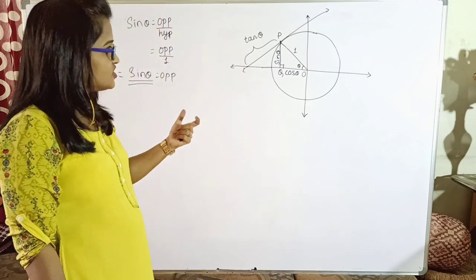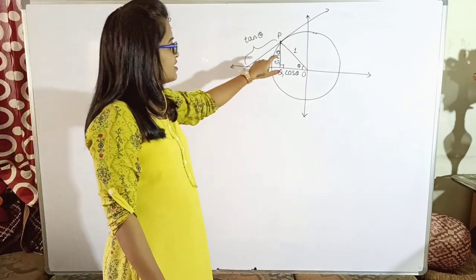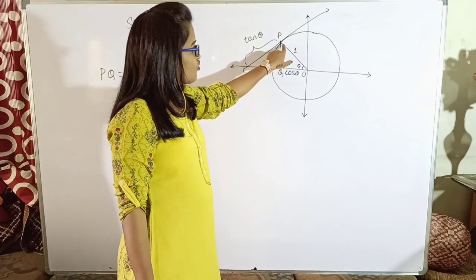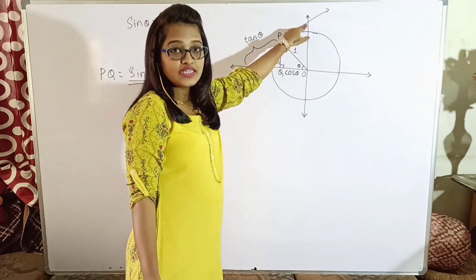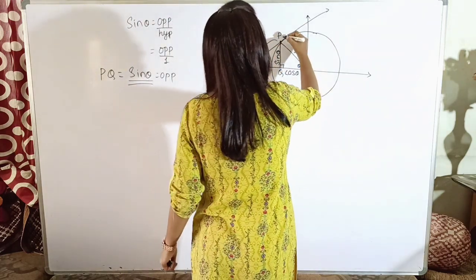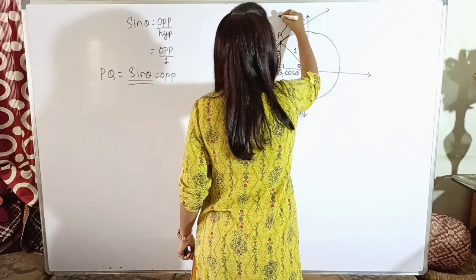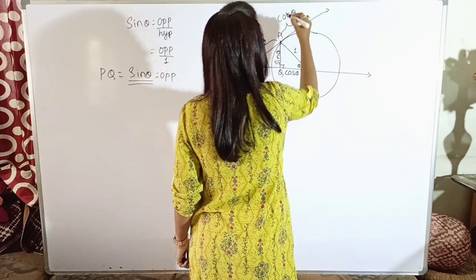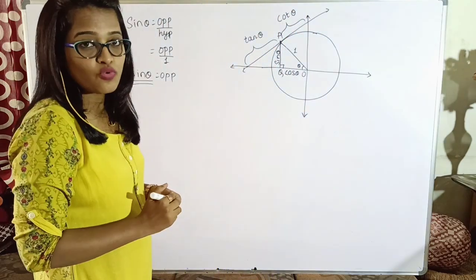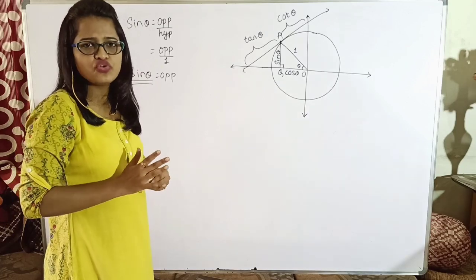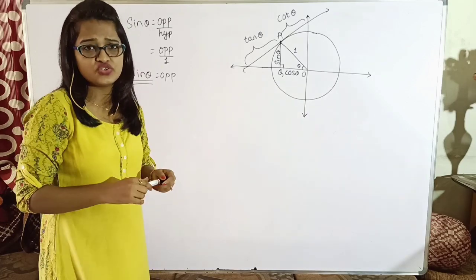Why? Because it is a tangent. Similarly, the distance from point P to where it intersects the y-axis is nothing but cot theta. Just try to visualize it properly. It is very, very useful whenever you are finding all the ratios.